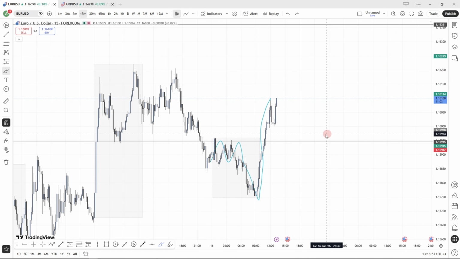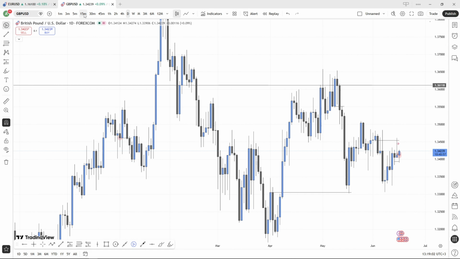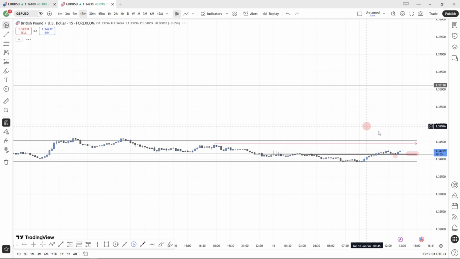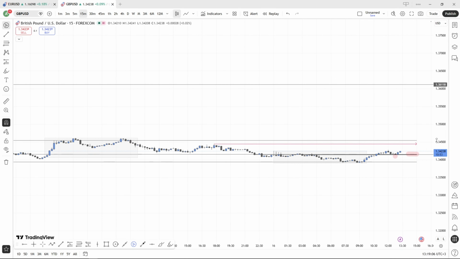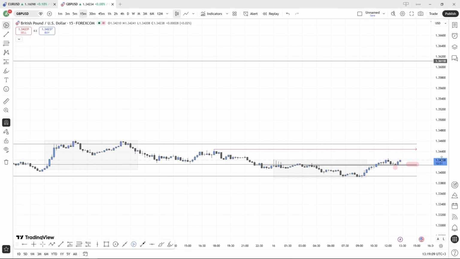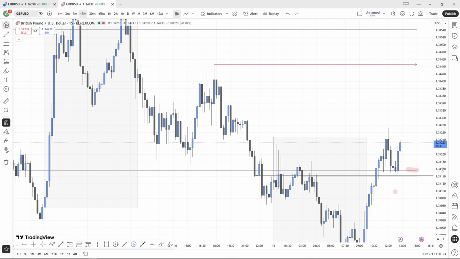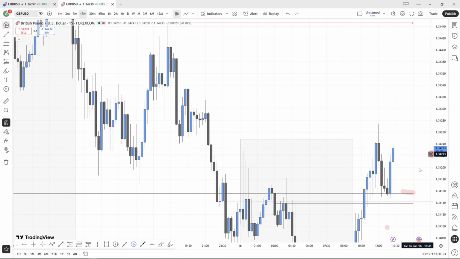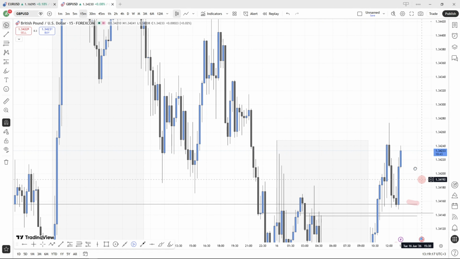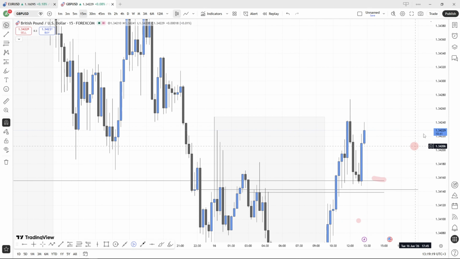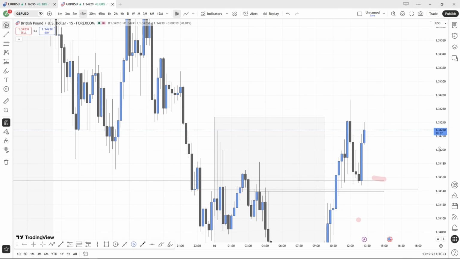Same case, same structure, and then we push higher until we shift structure again to bearish. That is what we are anticipating on EU. Go back and test that strategy and see if it does work, but it's a good strategy. Just use it on Euro and GBP USD.